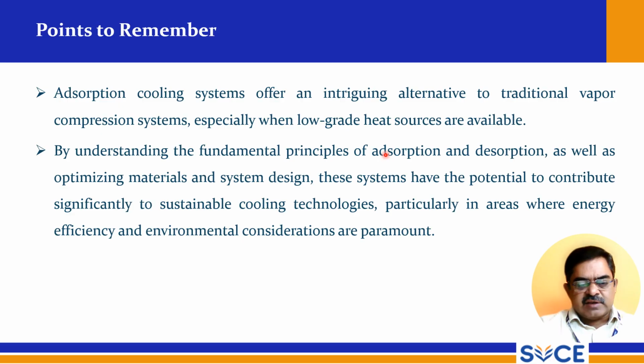By understanding the functional principles of adsorption and desorption, as well as optimizing materials and system design, these systems have the potential to contribute significantly to sustainable cooling technologies. It provides one of the sustainable technologies, particularly in areas where energy efficiency and environmental considerations are paramount.